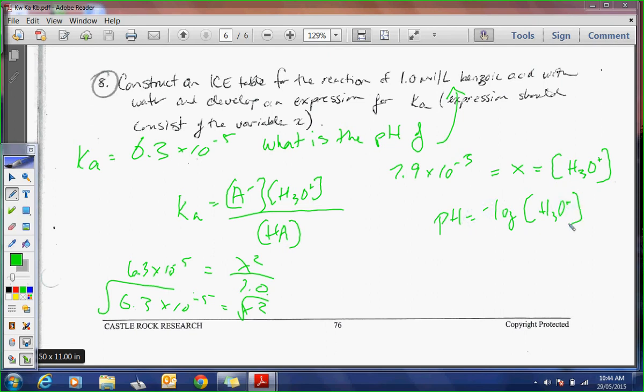Memorize them all. Everything that's in your data booklet you get. No extras. And so plug that in here, and your pH is 2.1. Do you get it?